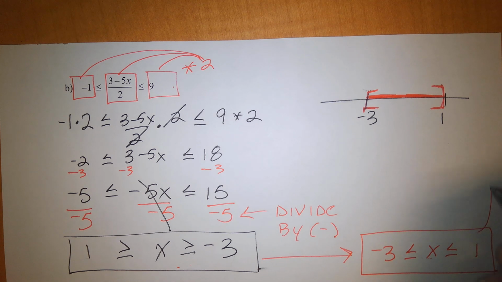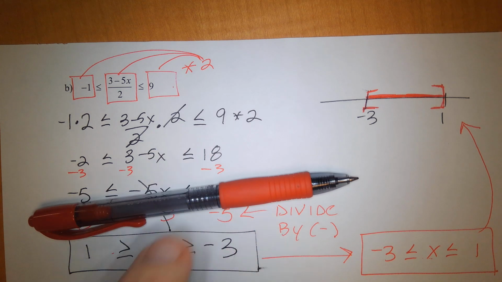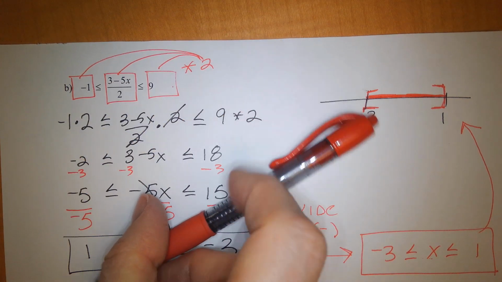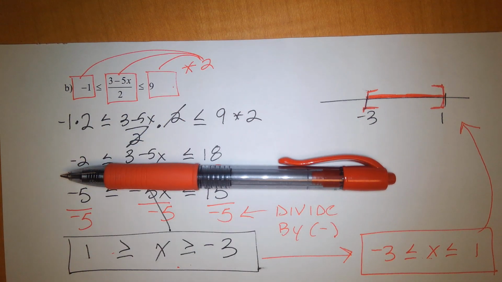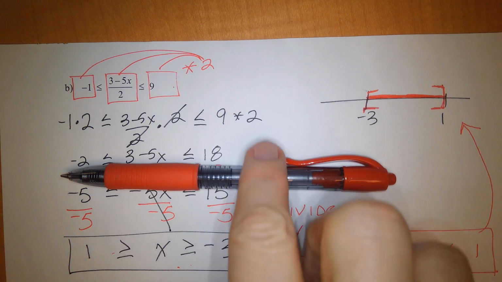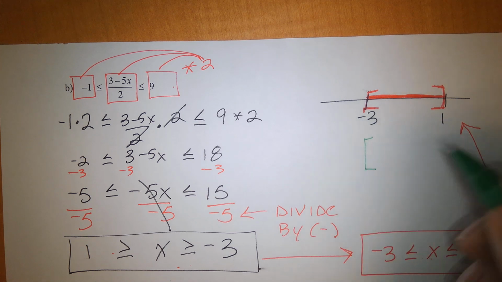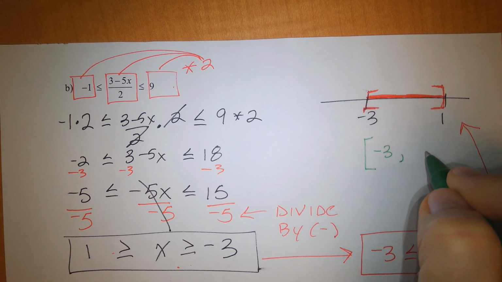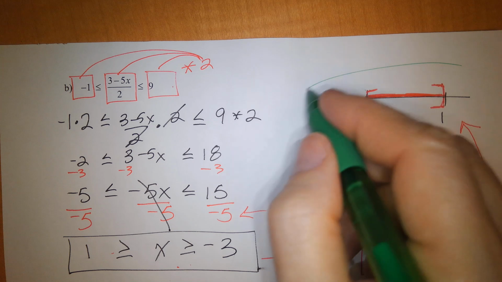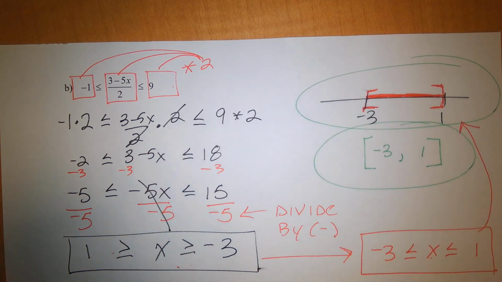This one is a lot more clear in the graph since you have the smaller number on the left-hand side. So it is okay to reverse this inequality by moving all the numbers and the signs in the opposite direction, which is what we did over here. For the interval notation, I would simply say x can be any number from negative 3 to 1. So here's the graph, and here's the interval notation.